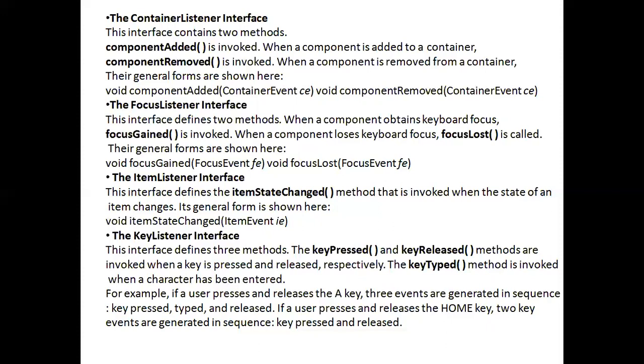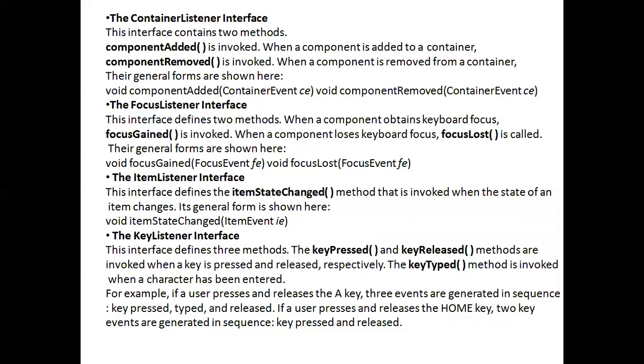Next one is the ItemListener interface. This interface defines the itemStateChanged method, which is invoked when the state of an item is changed. The general form is void itemStateChanged.